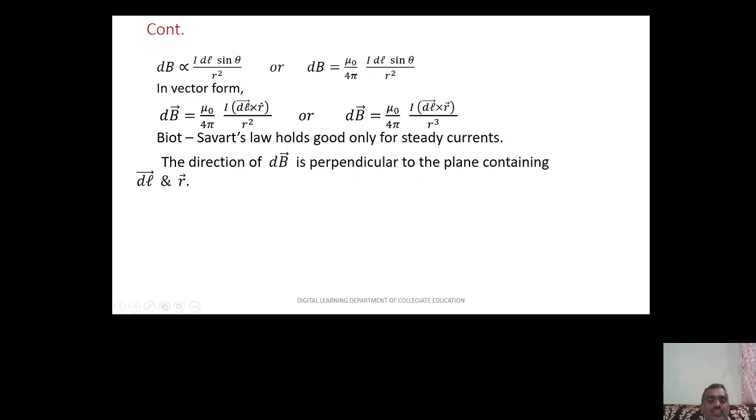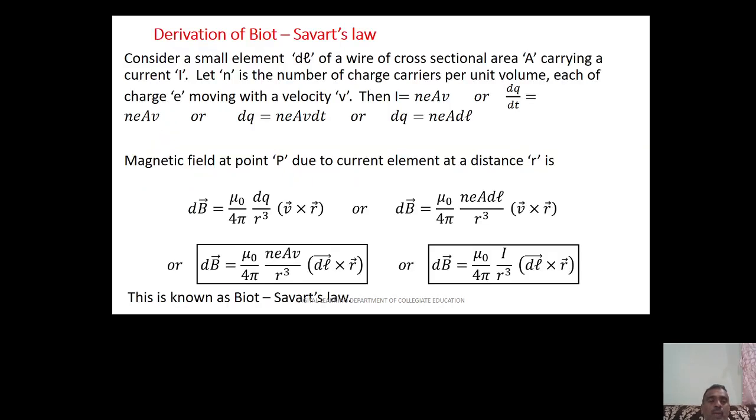Substituting this definition, dB vector is equal to mu naught by 4 pi I into dl vector cross r vector divided by r cube. This is Biot-Savart's law and it holds good only for steady currents. The direction of the magnetic field dB is perpendicular to the plane containing the dl vector and the r vector.